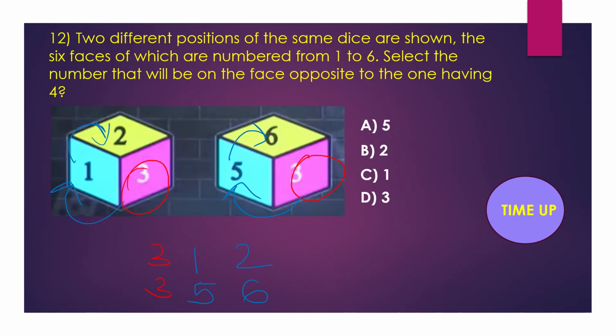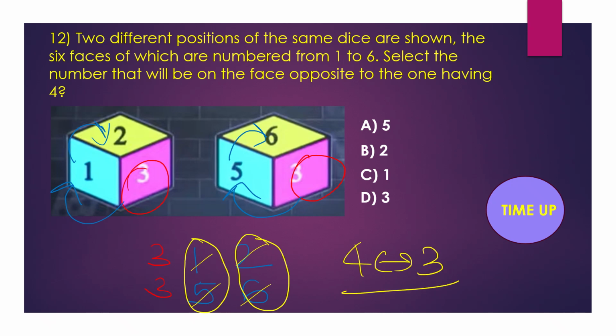And opposite of 4 they have asked. So opposite of 1 will be 5. Opposite of 2 will be 6. So opposite of 4 will be what? What number is left? 1, 5, 2, 6 are gone. What is left as the opposite of 4? 3. Opposite of 4 is 3. Sorry. So D is the correct option. Okay.